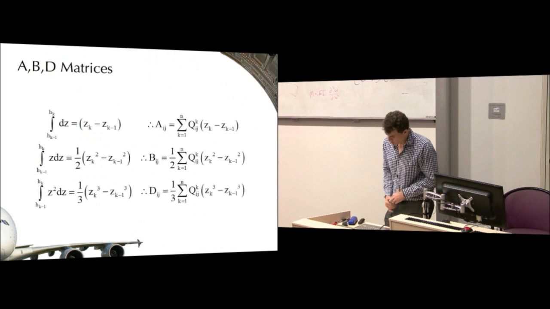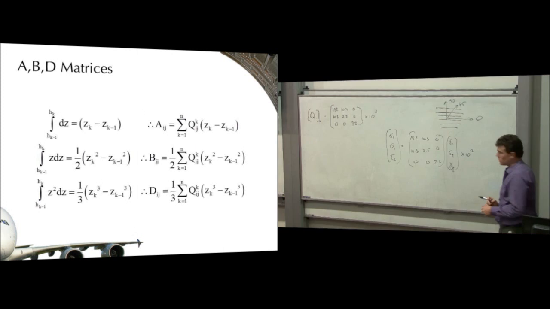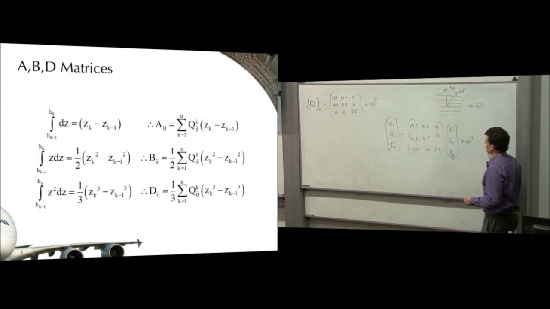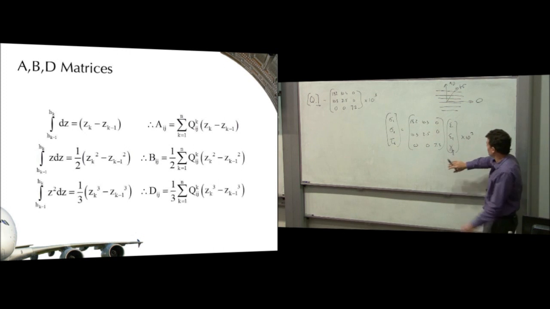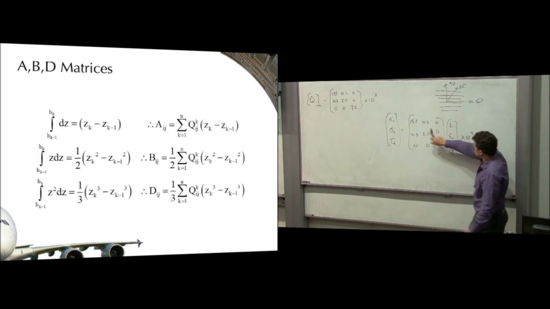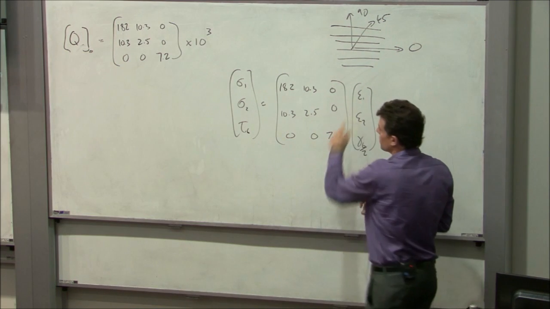Okay, so to calculate these terms, we have to go through this process. It's helpful to have a bit of a recap of what these terms relate to. So this term here relates our stress in the one direction to our strain in the one direction.